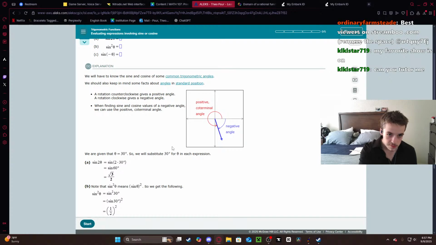Counterclockwise gives a positive angle. Clockwise, negative. When finding sine and cosine values of a negative angle, you can use the positive coterminal angle.